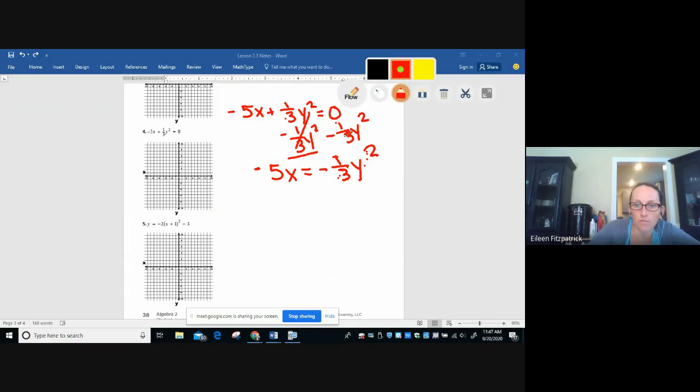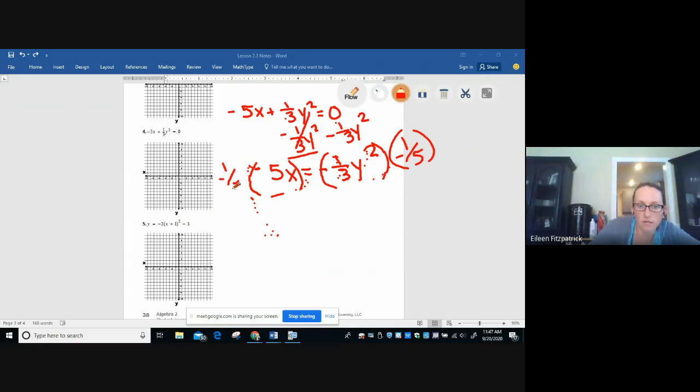All right, so I'm going to multiply both sides by negative 1/5. Negative 1/5 times negative 5 cancels, so I'm left with x is equal to, negative times a negative is a positive, 1/3 times 1/5 is 1/15 y squared.